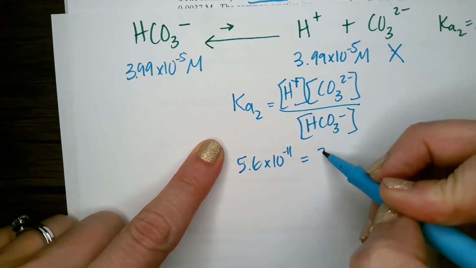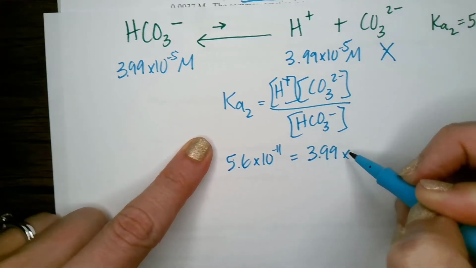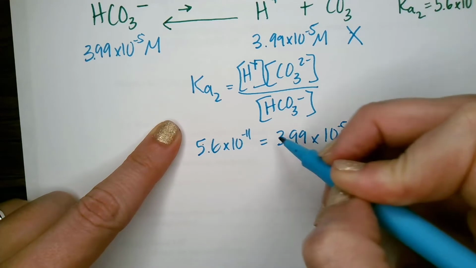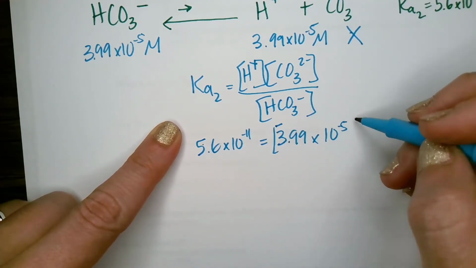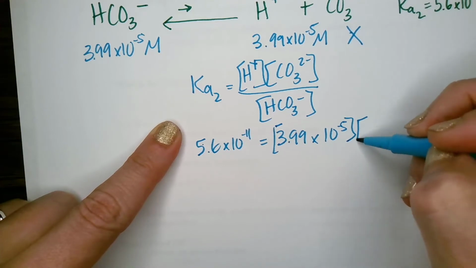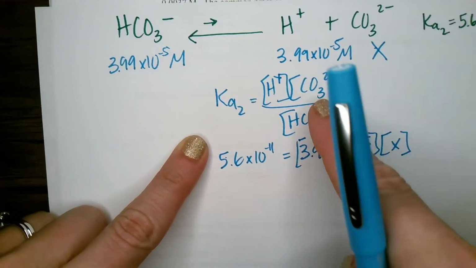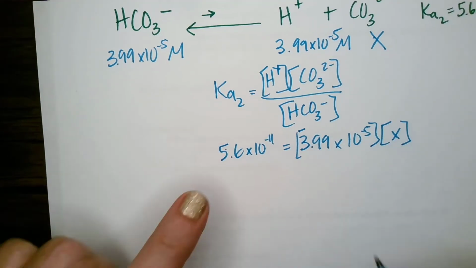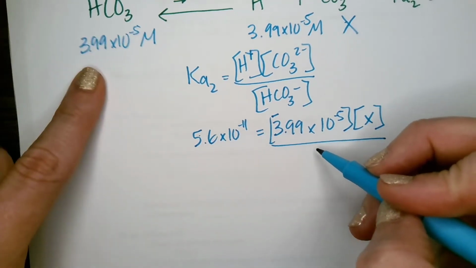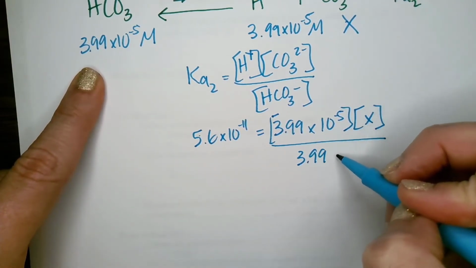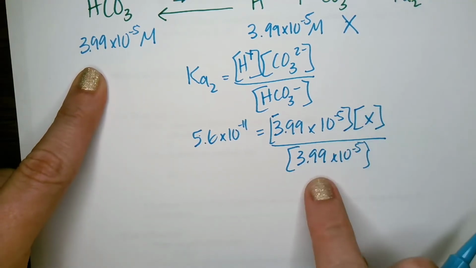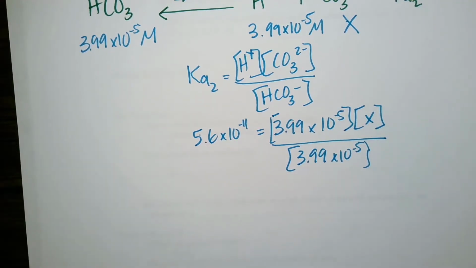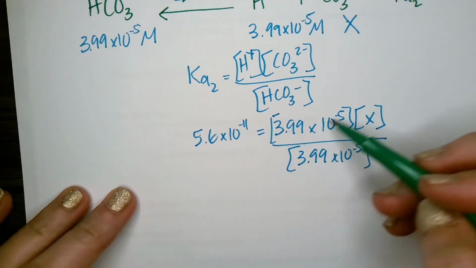And so let's plug in what we know. 5.6 times 10 to the negative 11th is equal to 3.99 times 10 to the negative 5th, times X, because we don't know our concentration of CO3 2 minus, all over 3.99 times 10 to the negative 5th, the concentration of HCO3.